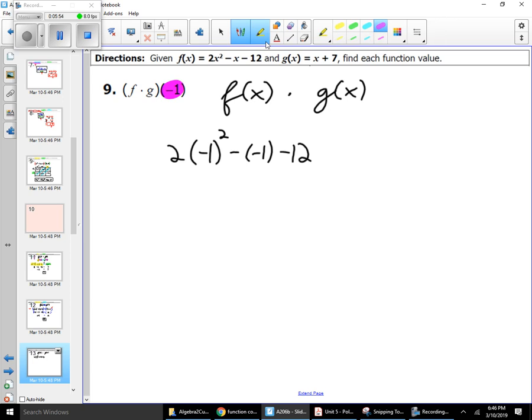All of that's coming from f. And then I'm going to multiply times g of x. G of x, g is just x plus 7, since x is -1. We're going to take that -1 plus 7. And again, all of that's coming from g of x.